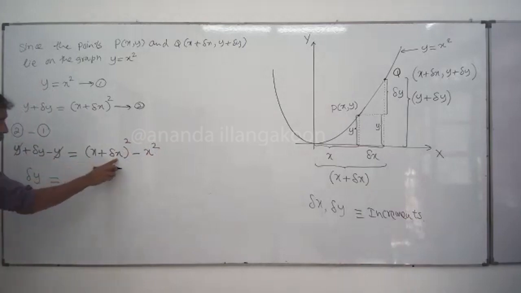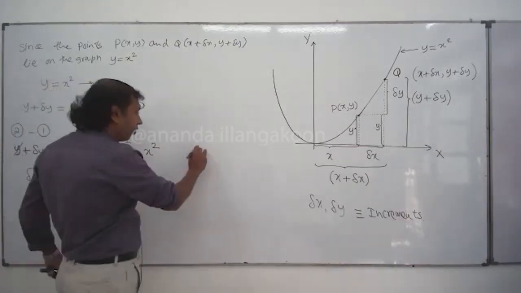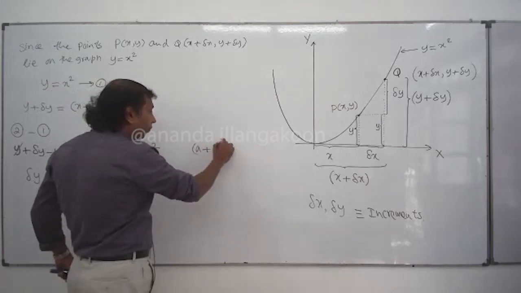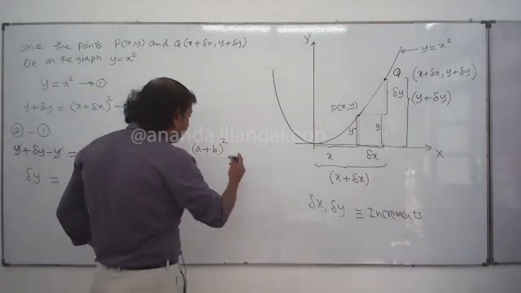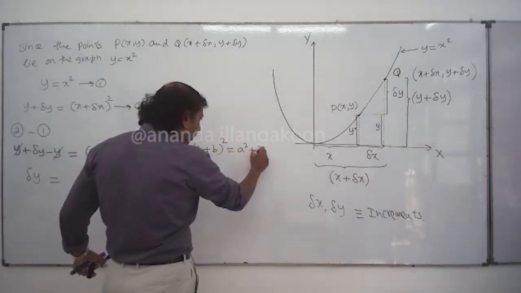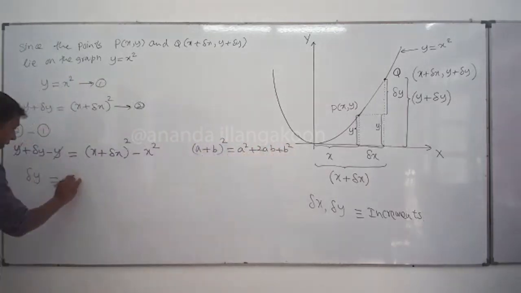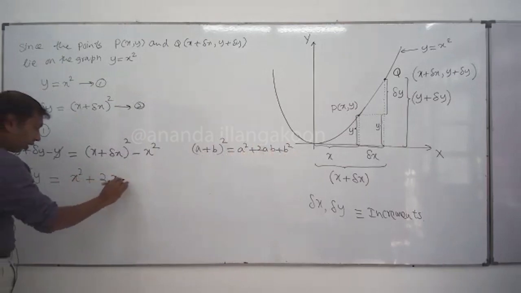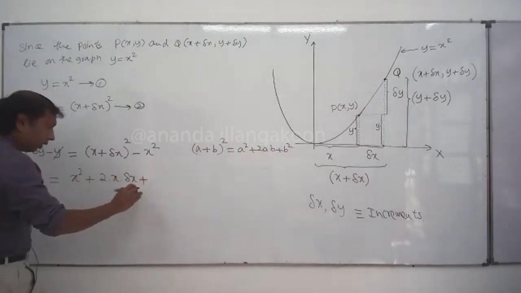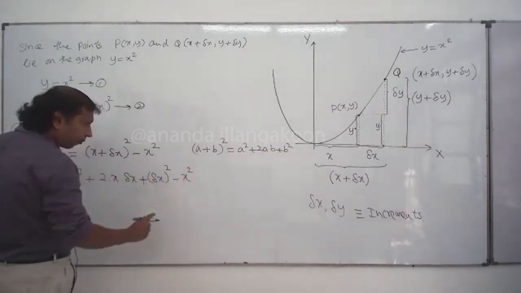Here, when I expand this, you can expand by using the a plus b perfect square. You know, people, the expansion of a plus b to the power 2. a plus b squared is a squared plus 2ab plus b squared, no? Using that, when you expand this, what we get is x squared plus 2 times x times delta x plus delta x perfect squared minus x squared.